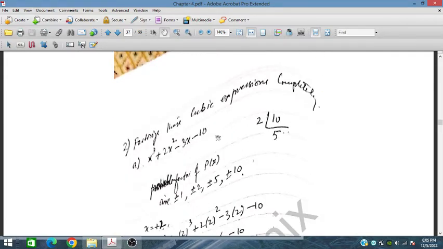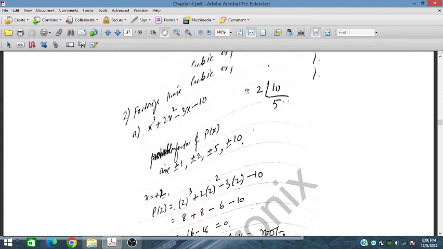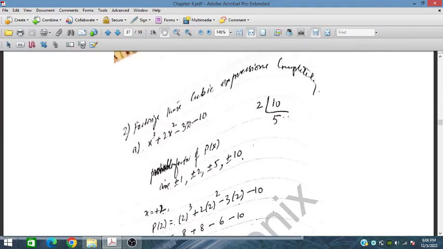Let's start to factorize the cubic expression completely. We have x cubed plus 2x squared minus 3x minus 10, and we have to factorize it. So the first factor is obtained by simple inspection.